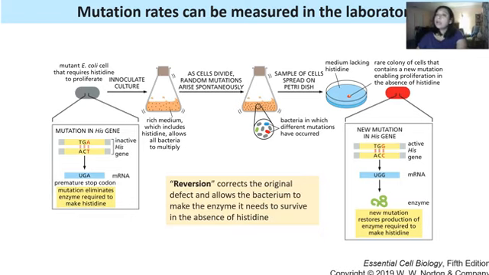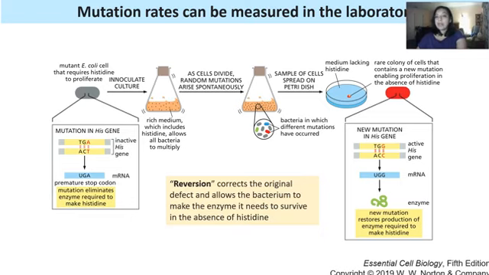That rare colony of cells will now have a mutation that allows that enzyme to actually be produced and to work and make histidine just like normal. And thus the organism is able to survive on this plate which didn't have any histidine in it.